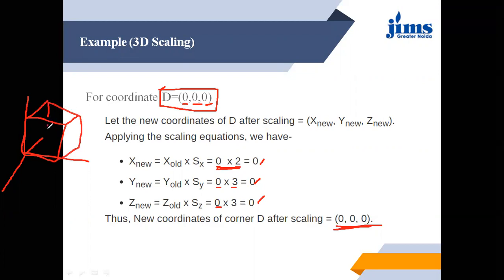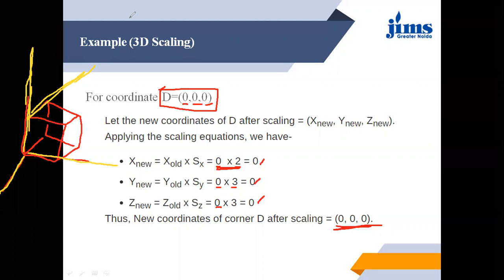As you will see over here, when we are increasing the size of this object by 2 in the x direction, 3 in the y direction and 3 also in the z direction, the size is 3 times in these directions and 2 times in this one.